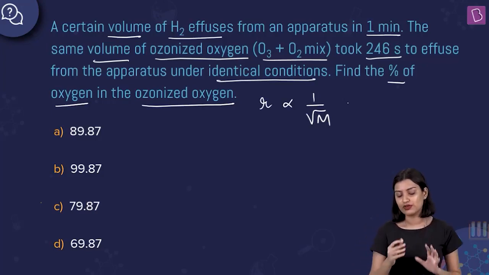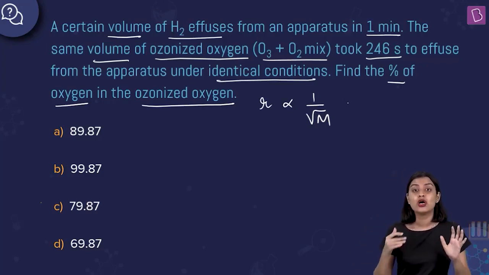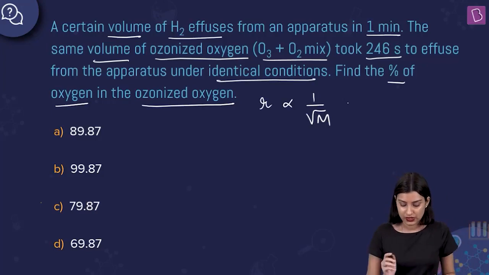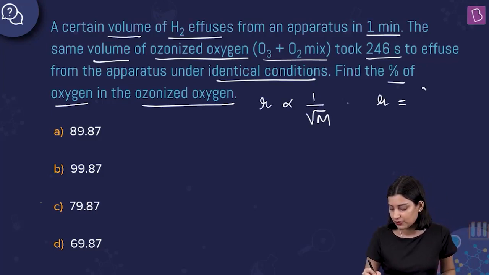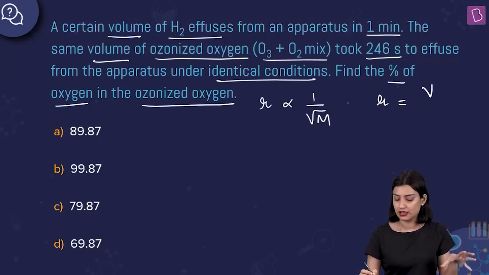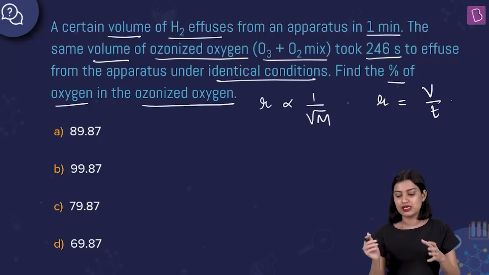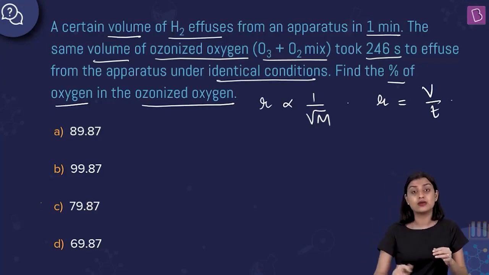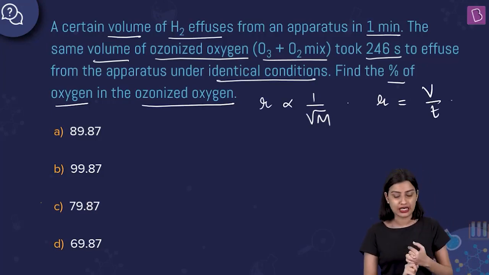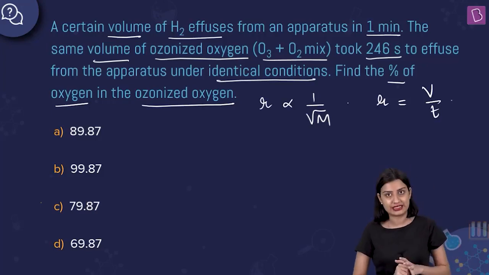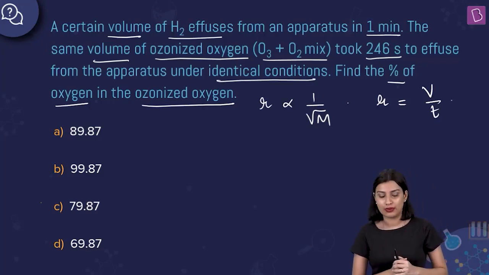So rate of diffusion is going to be inversely proportional to root of molar mass. That is the first thing. Another thing is that rate is nothing but volume of gas that has leaked per unit time, or divided by time, because here they are talking about equal volume but different times. So you have to convert rate to V by T.